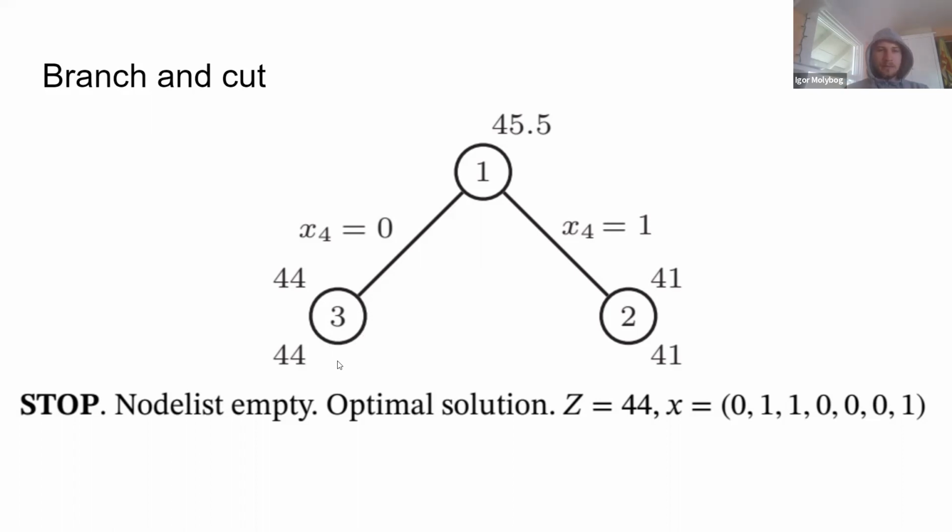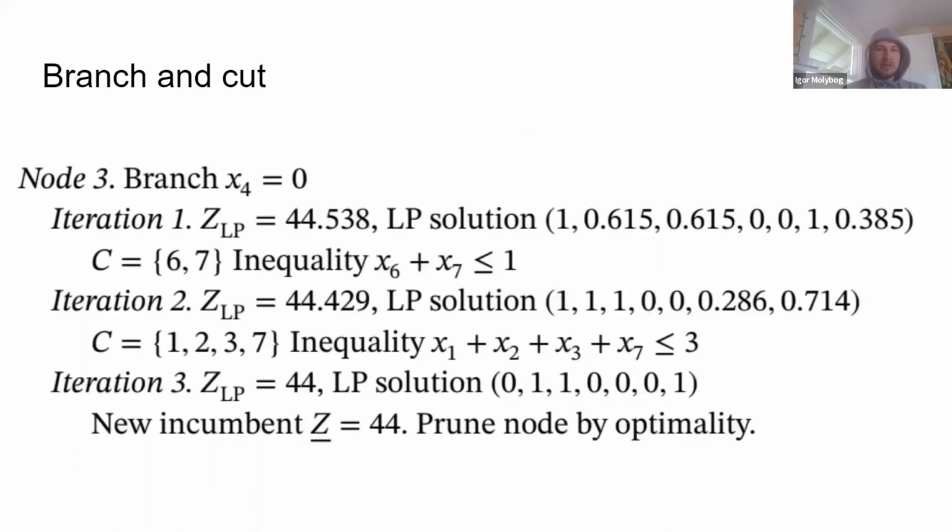This approach turns out to be more desirable just because the number of branches is smaller, and sometimes it's easier to add inequalities like this instead of trying to branch, because essentially branching every time splits your problem into 2, while if you just add an inequality, you leave the number of nodes that you have to process on the same level.